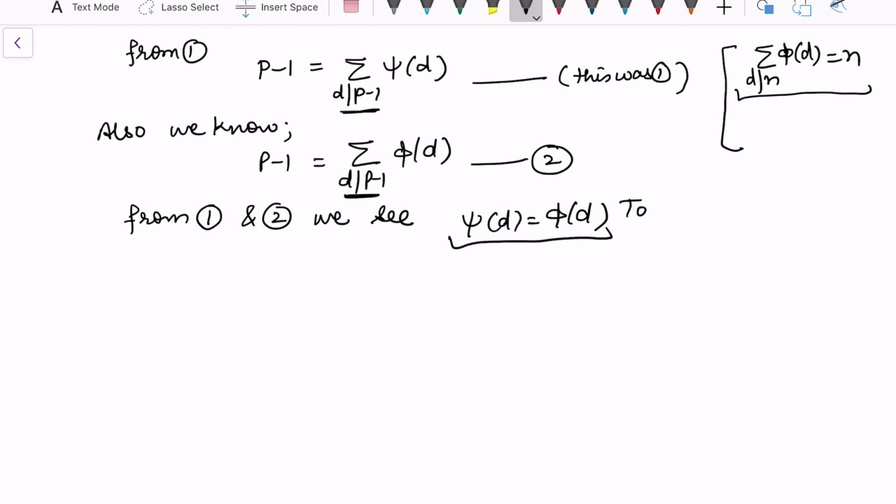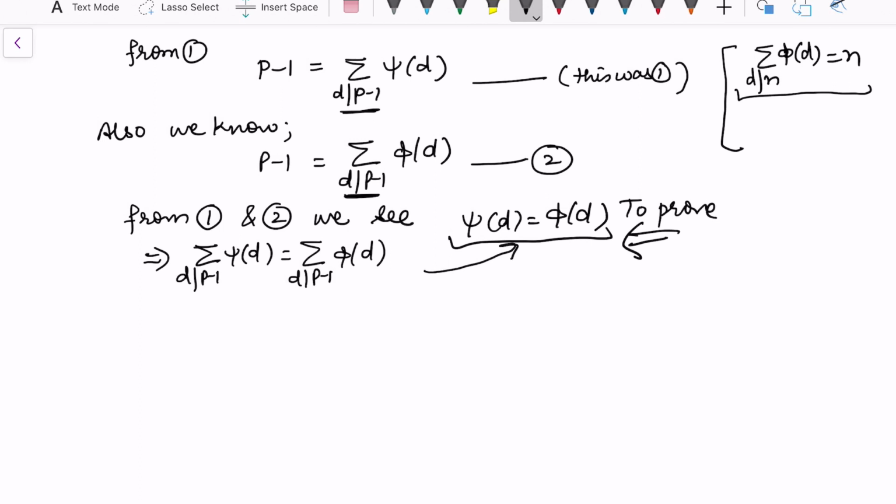To prove the exactness of this expression, if I only compare equations 1 and 2, the left hand sides are the same. So what I am getting is that the summation over D dividing P minus 1 of xi D is the same as the summation over D dividing P minus 1 of phi D. But it does not directly imply this case. It is possible that when I expand, I have 1 plus 1 plus 4, or here I may have 2 plus 1 plus 3.